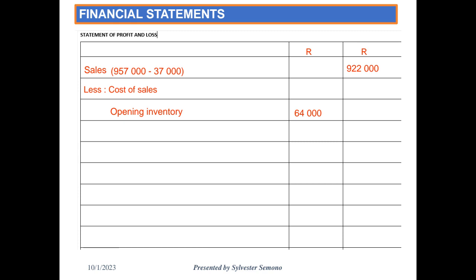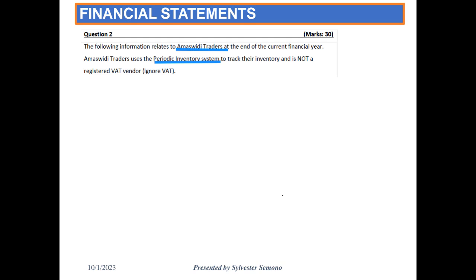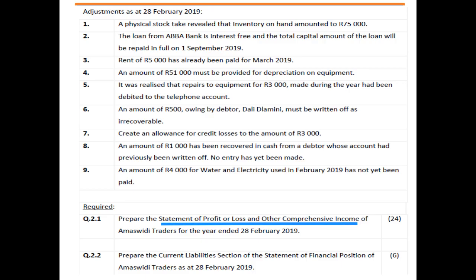Okay, can you see this one? Can you see this screen where it says depreciable assets? Can you see question 2? Yes, I can see question 2. Okay, can you see the trial balance? No, I'm still on question 2.